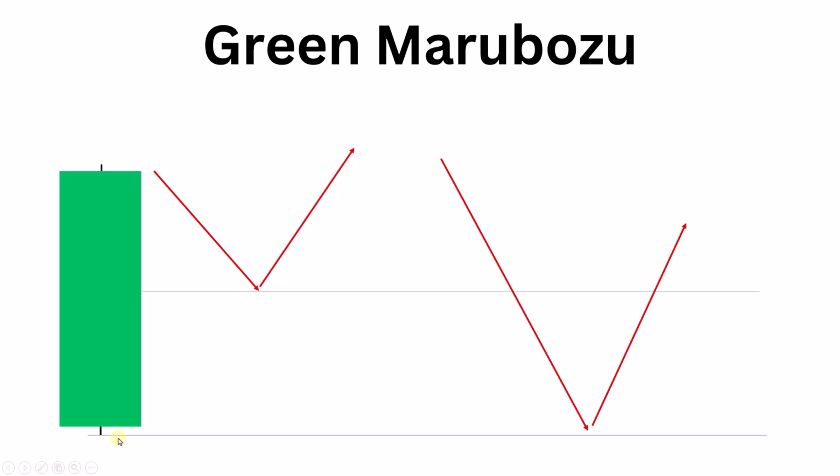This was a cheap price. So they started buying here, and since they bought from here, the price went up. Since it was strong buying, you have a Marubozu candle, and so this level acts as support.